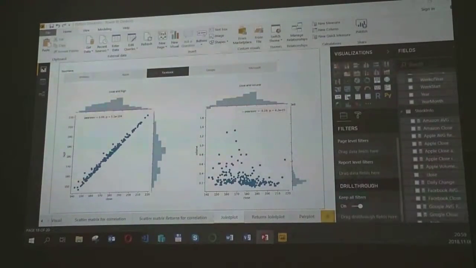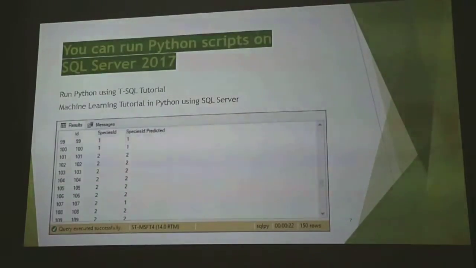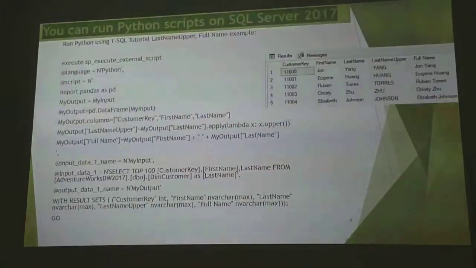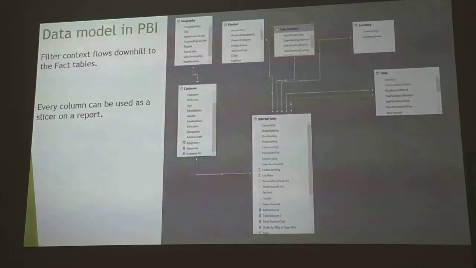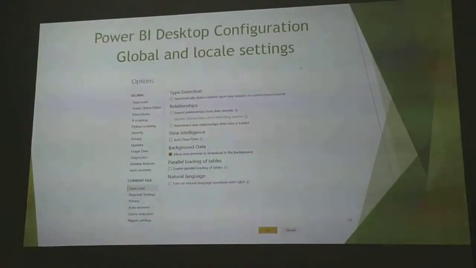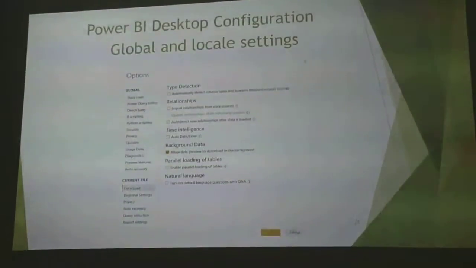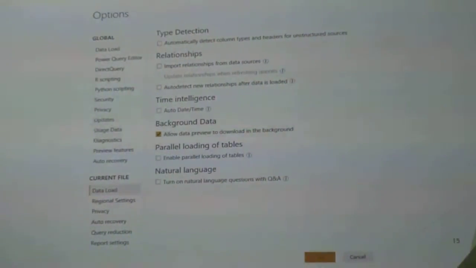Okay. I just would like to run through the last couple of slides. When you decide to use Power BI, you should check the options, because you must read all of the options and choose the right answer for them.